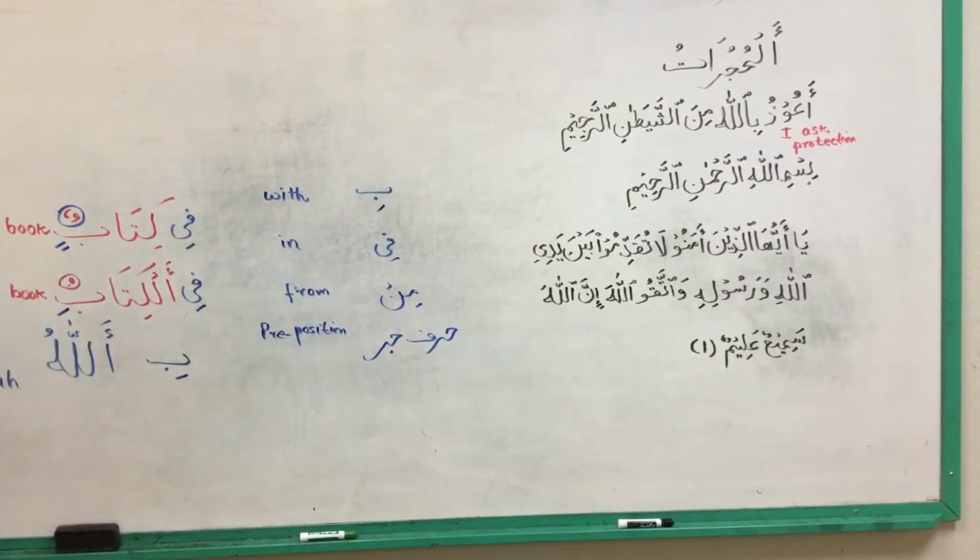It means with. But a harf-jar doesn't just come alone. It affects the next word. It will go and look at the last letter, which is ha here. Then it will look at the last harkat of the letter, which is dhamma. It says, I need to change that dhamma to a kasra. So this will be changed to a kasra.